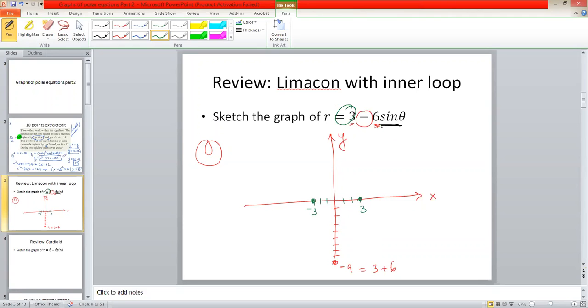And to find out the y-intercept, I'll do 6 minus 3, and it's at 3. 1, 2, 3, right here. That will be the y-intercept, or where the inner loop is located. And just sketch it. I prefer to start with the inner loop, and then you go through these points.